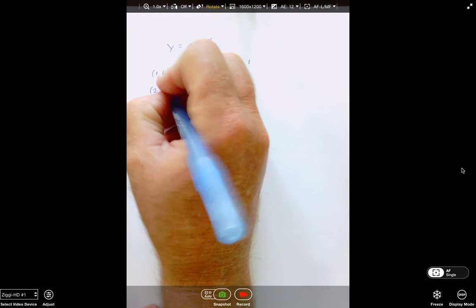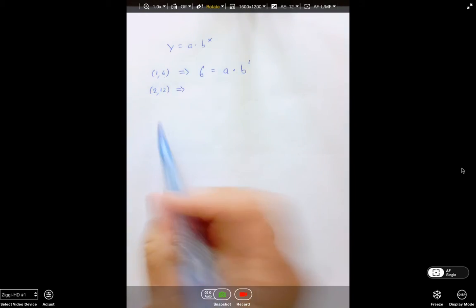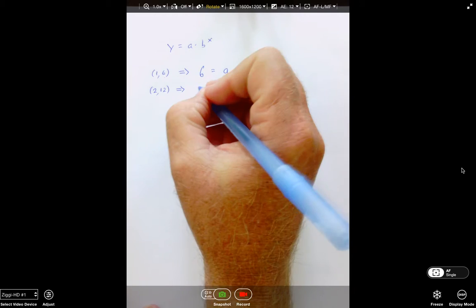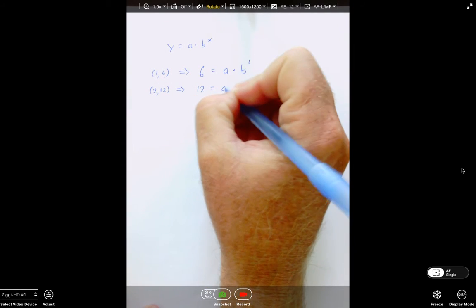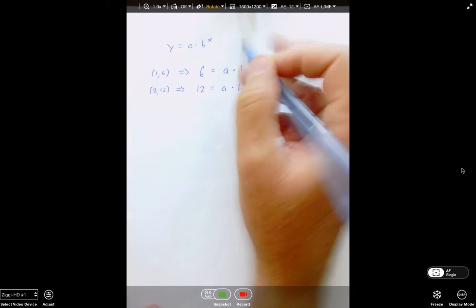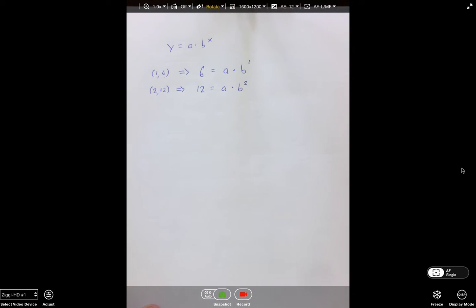The (2, 12) says that when y is equal to 12, a times b raised to the 2nd power is equal to 12.